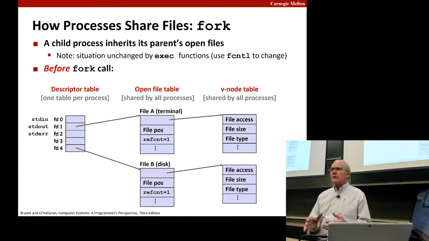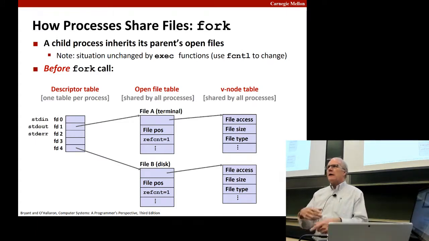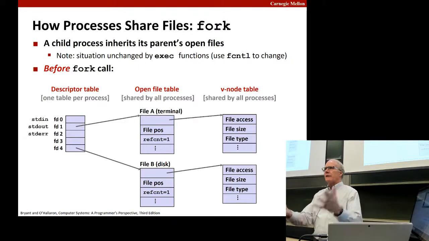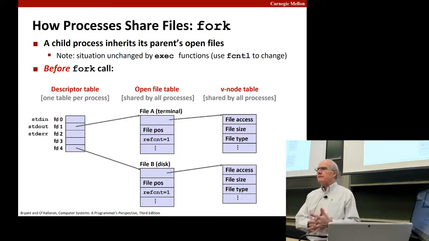And you might have noticed with those little toy programs that I demoed a week ago that both the child and the parent processes would print on the same screen I was using. And that's because they actually shared the same standard output file.